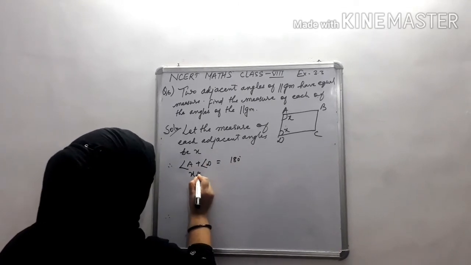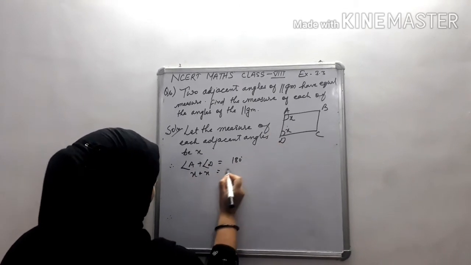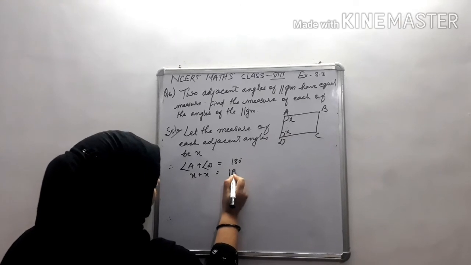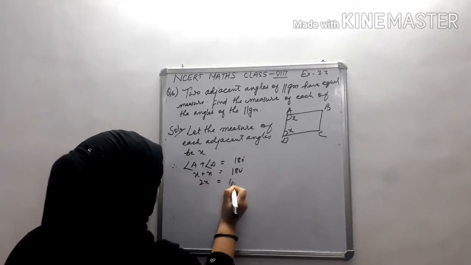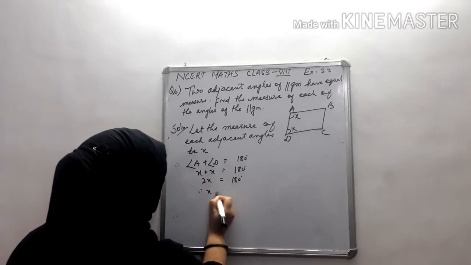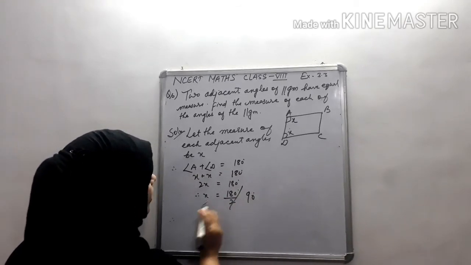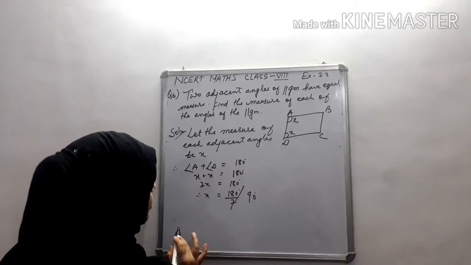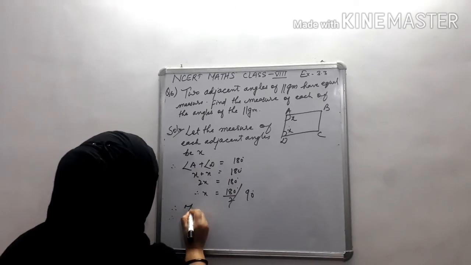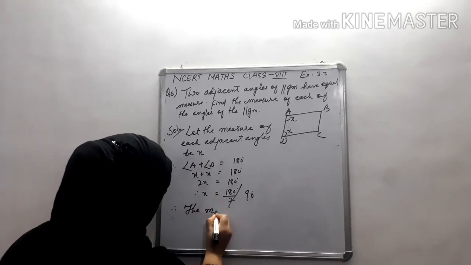Okay. We have taken x and x. दोनों को हमने x लिया तो 180 degree. What will be 2x is equal to 180 degree. Therefore, x is equal to 180 degree divided by 2. It means 90 degree. And x we have taken as the measure of each adjacent angle.